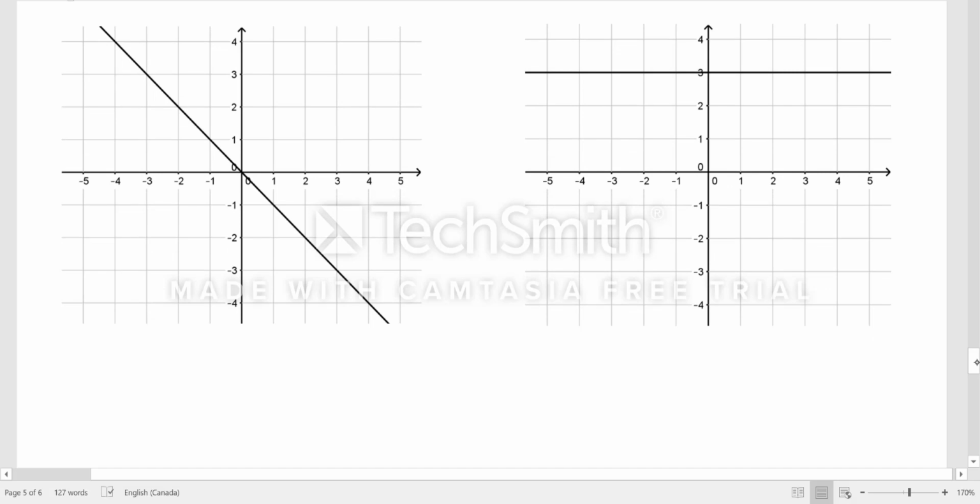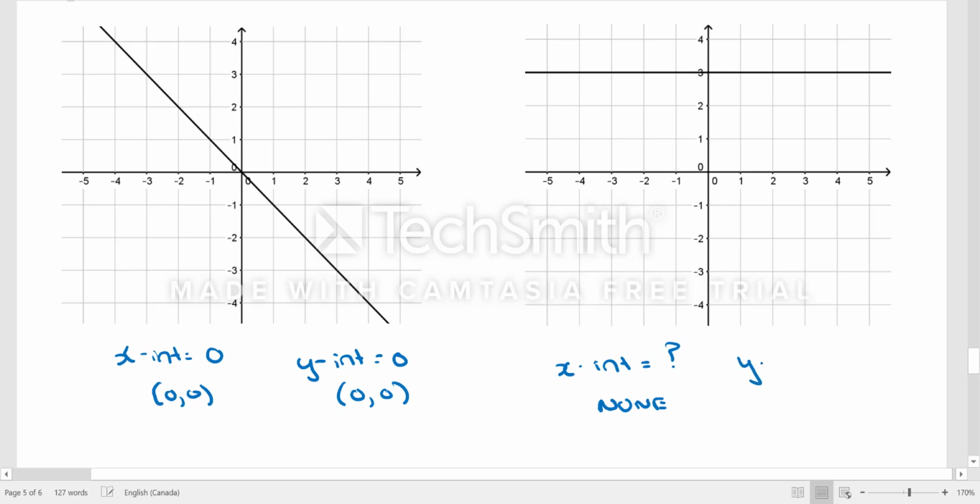We'll scroll down once more. Got a couple other ones. The x-intercept here is 0, crosses at 0. The coordinate here is actually (0, 0). The y-intercept, where it crosses the y-axis, is in the same spot, 0, so your coordinate is (0, 0). Okay, and the final one, x-intercept equals, well, there is none.